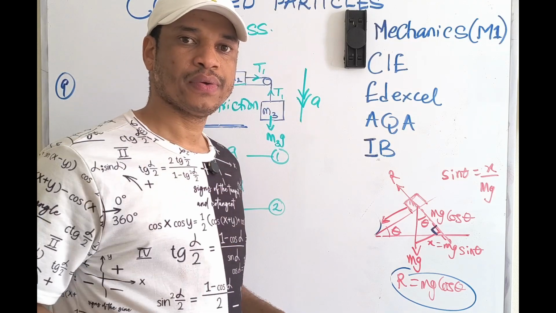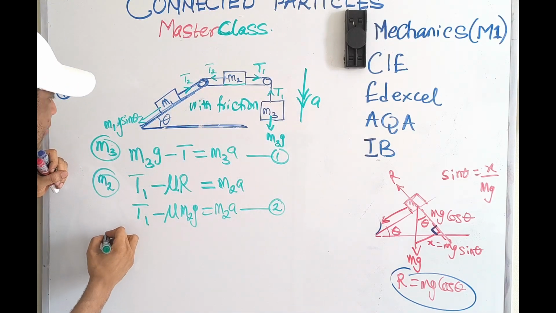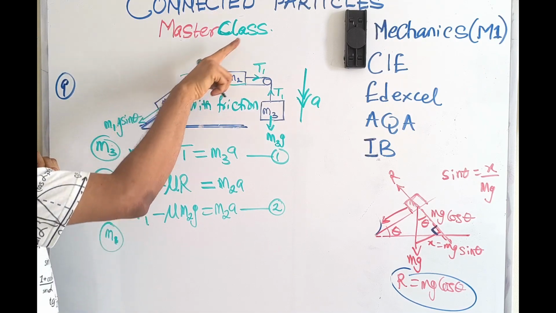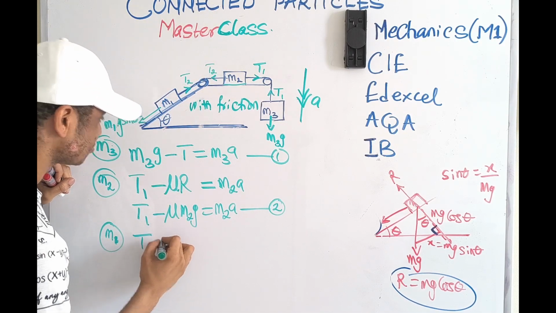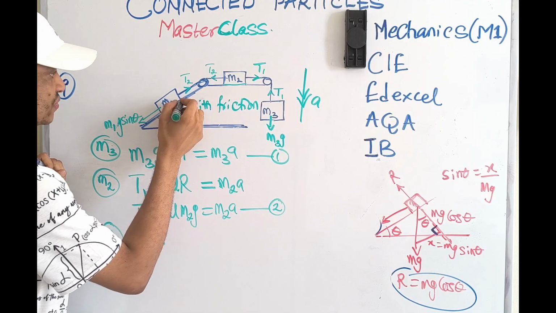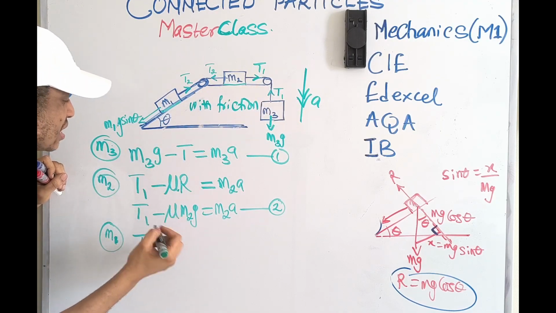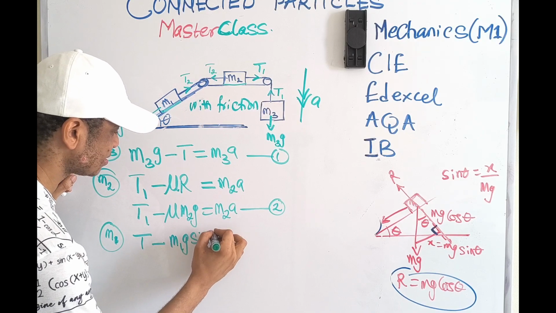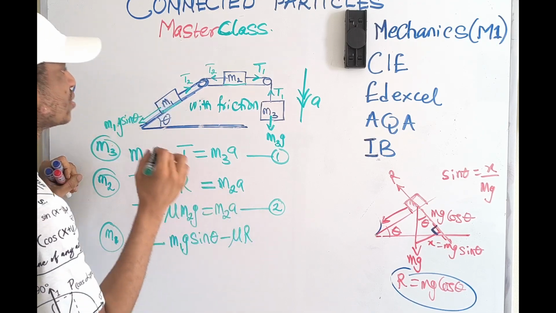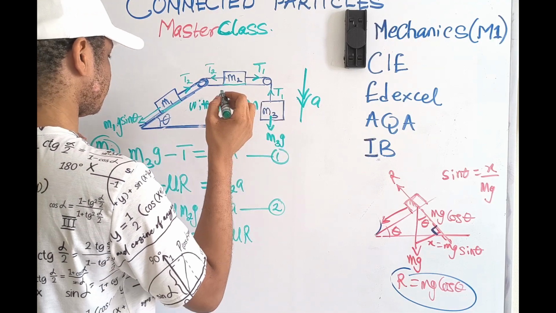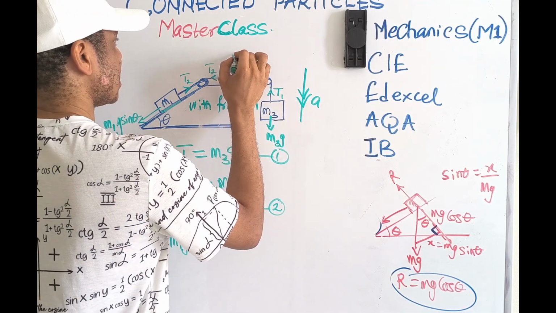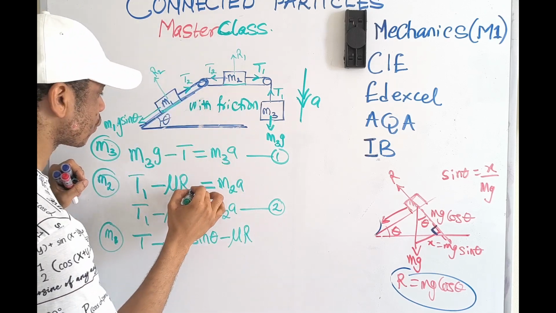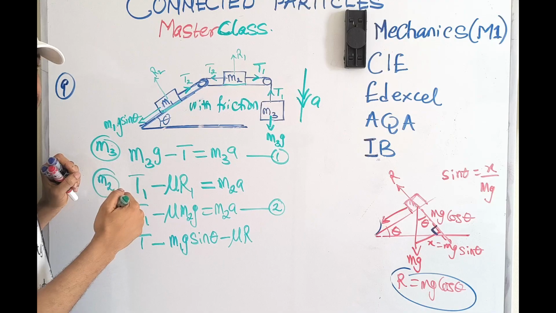Down minus up. Now for m1, this is going like this. So T, we're assuming there's friction everywhere, so there's friction here and here. T minus m1g sine theta minus mu R. Just for reference, we can call this R1 and this R2, so that we don't get confused. The arrow here is different from that.